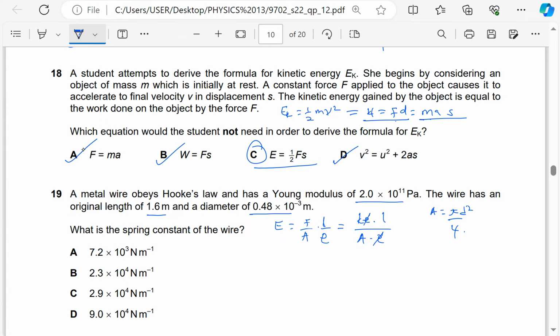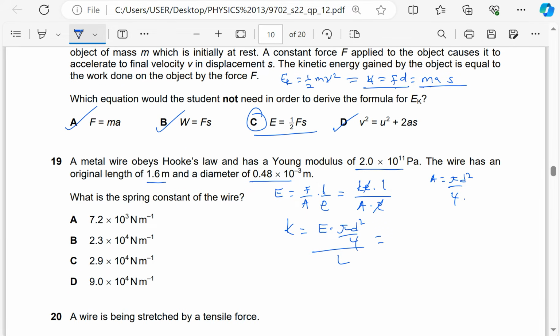So extension has cancelled out. So I want to find the spring constant K. If I make K the subject, K is going to be Young modulus times pi d squared over 4, then divide by L.